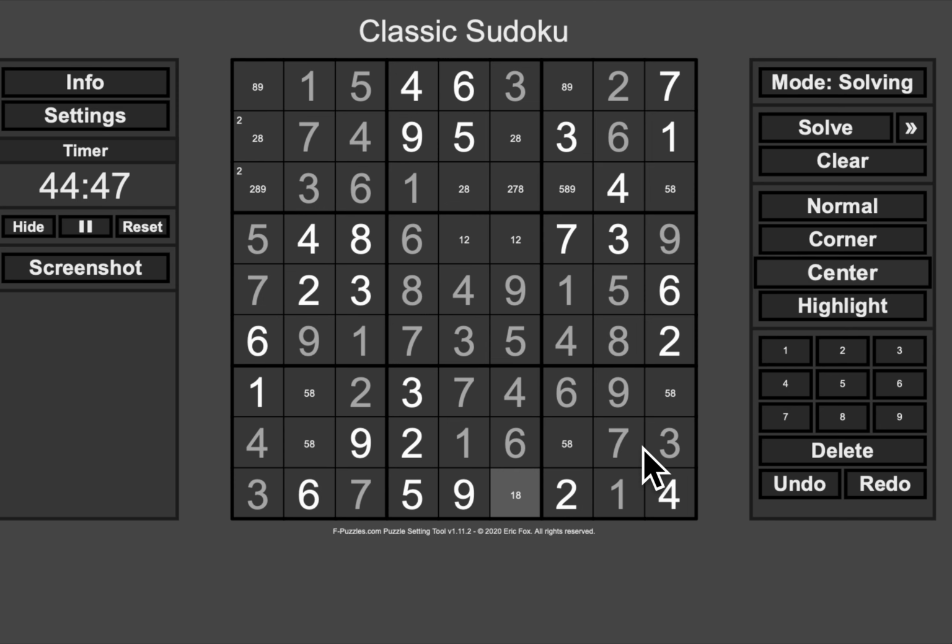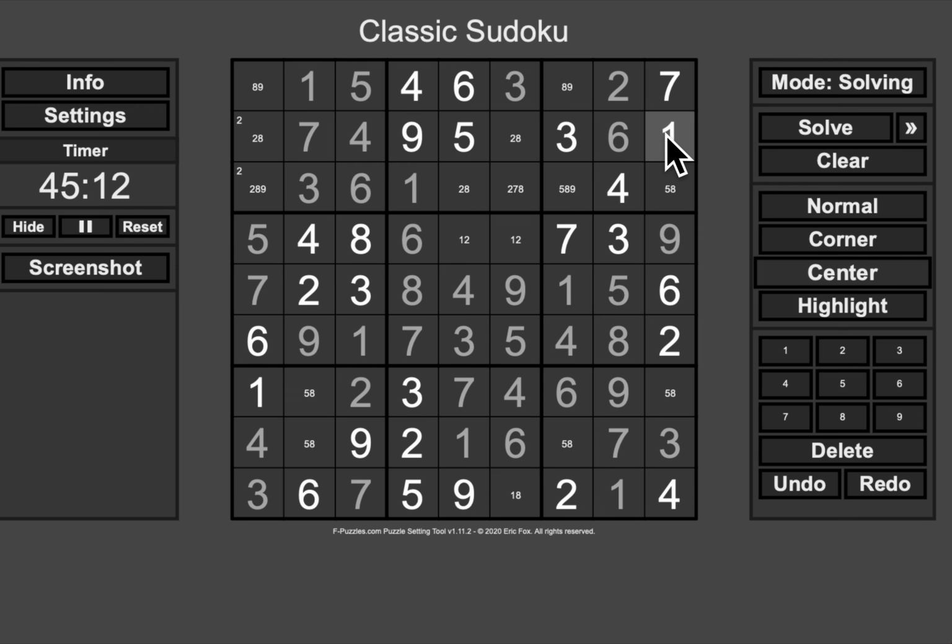Let's see, that's not 3. I love this. 1, 2, 7, and 8 in some order, and these aren't resolved yet. Okay, I should be able to finish this now. Why am I not able to do that?